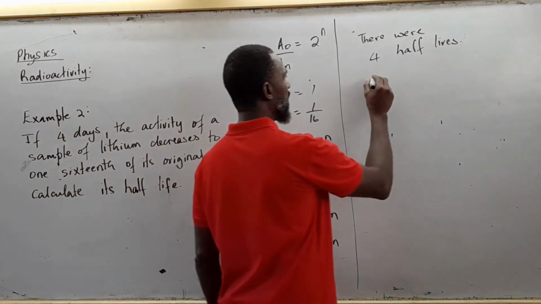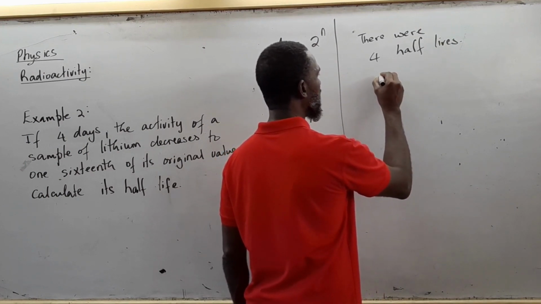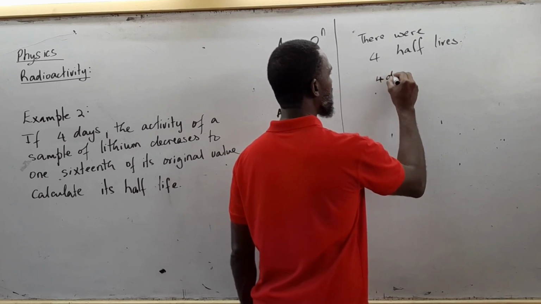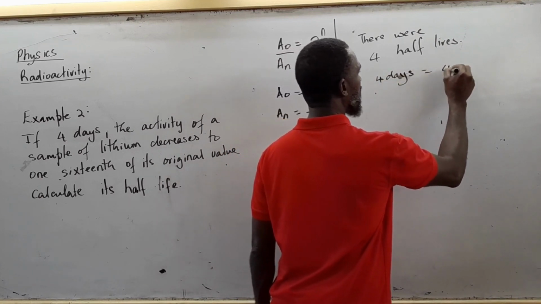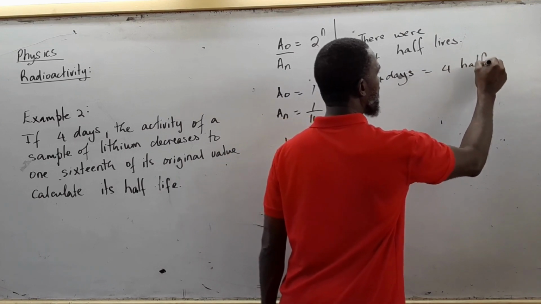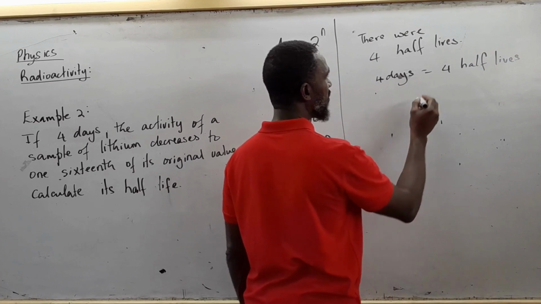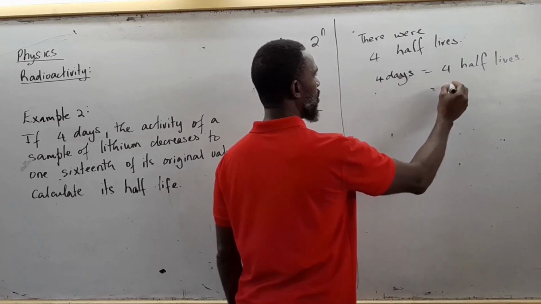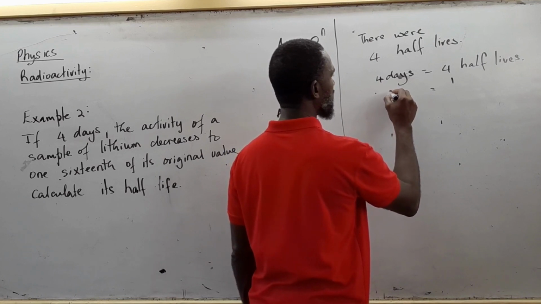So 1 half-life is to x days as 4 half-lives is to 4 days. So 1 half-life is equal to how many days?